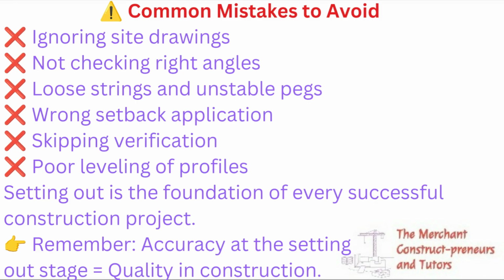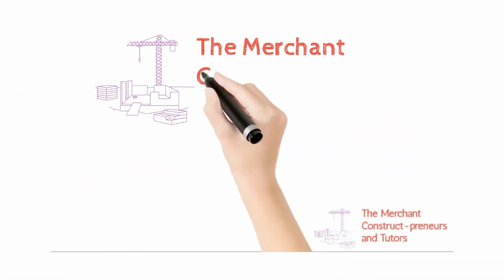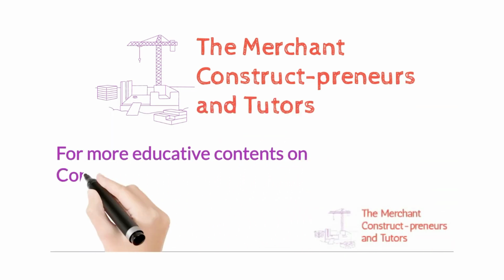Setting out is the foundation of every successful project. Remember, accuracy at setting out stage equals quality in construction. There are no two ways about it. So once you successfully avoid these mistakes by ignoring site drawings, not checking right angles, wrong levels, or setting out errors, then you are good to go, right?